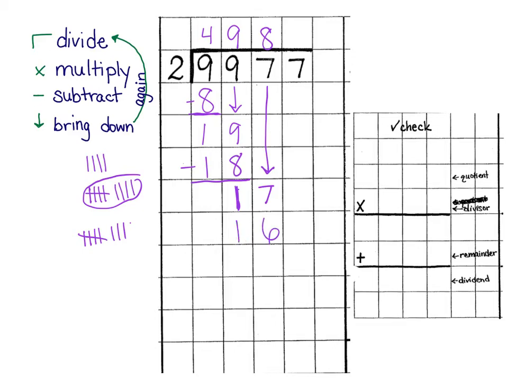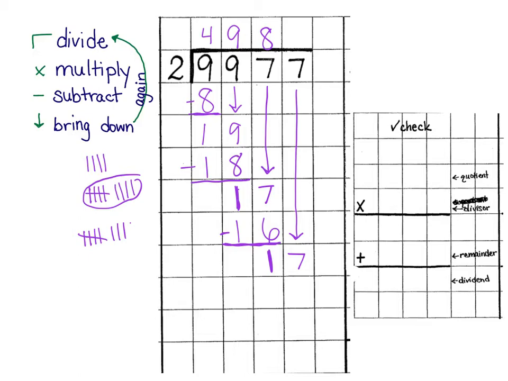And after we multiply, we subtract. 17 minus 16 is, 7 minus 6 is 1. 1 minus 1 is 0. And then after we subtract, we bring down 17.